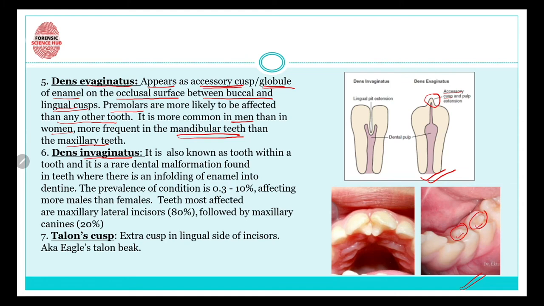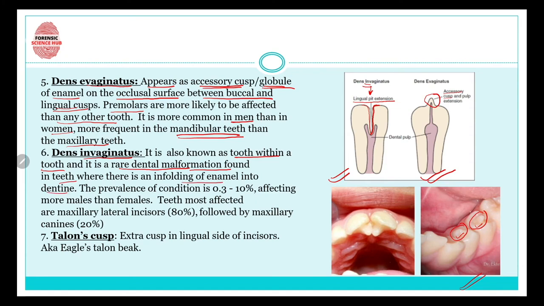Then comes dens invaginatus. It is also known as tooth within a tooth. If you look at this picture, there is a lingual pit extension that you can see. This is what happens in dens invaginatus. So there is infolding of enamel into the dentine. So it is a rare dental malformation that is found in a teeth where there is infolding of enamel into the dentine.